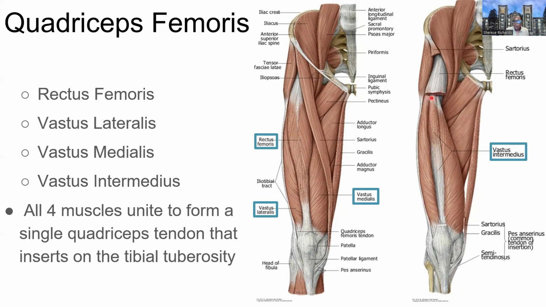So definitely look for what type of dissection you're seeing in the image. Is it a full superficial view where there's no muscles taken off? Or is it a deeper view where we can see the intermedius? So again, the rectus femoris is cut here. Now we can see vastus intermedius, vastus medialis, and vastus lateralis, all four together forming the quadriceps femoris.